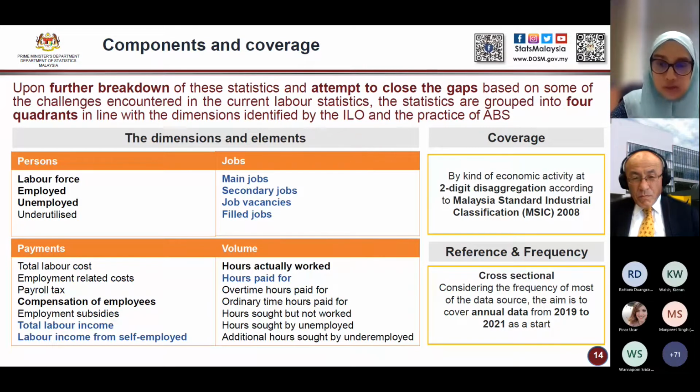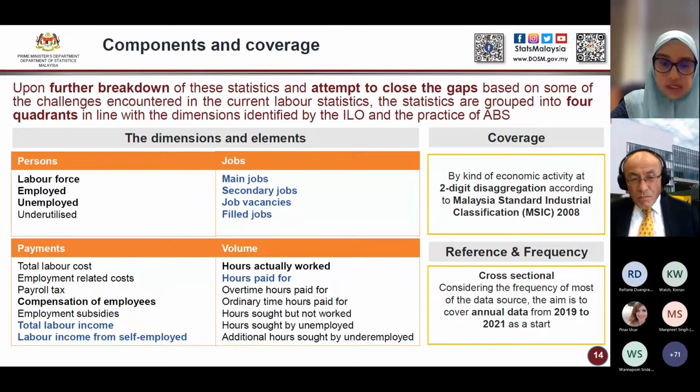At this point, we agreed upon a coverage of industrial classification with estimation by kind of economic activity at 2-digit disaggregation. However, in terms of reporting, perhaps we will not go as detailed as this. This is just for estimation. And for frequency, we are looking at annual data.